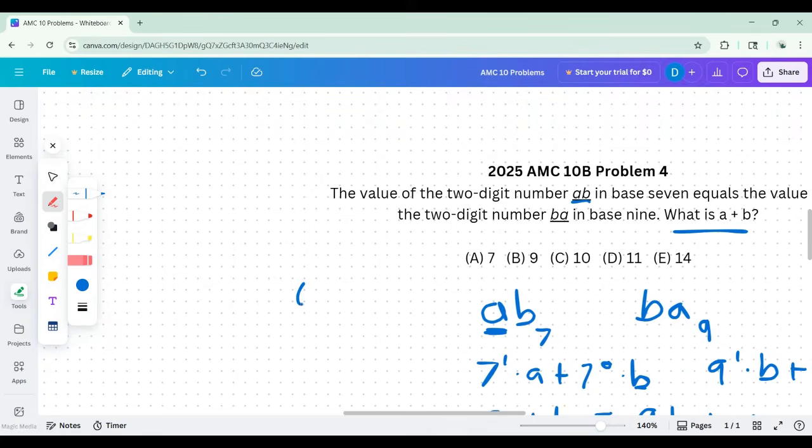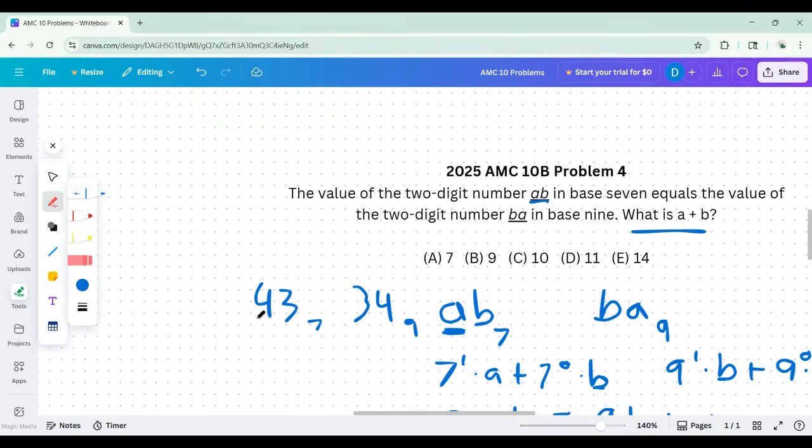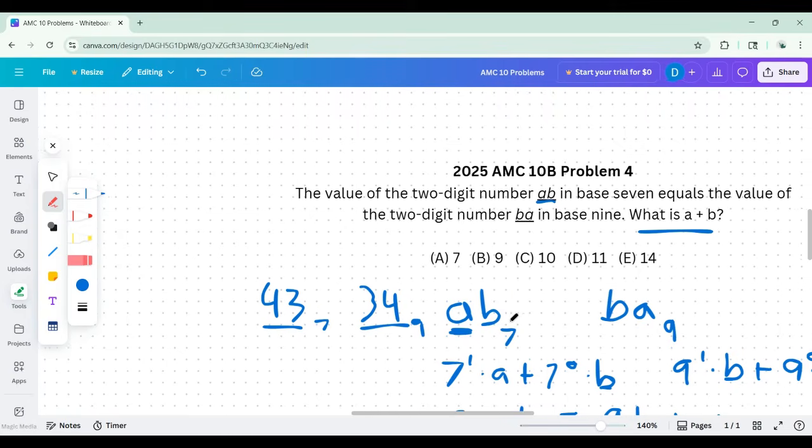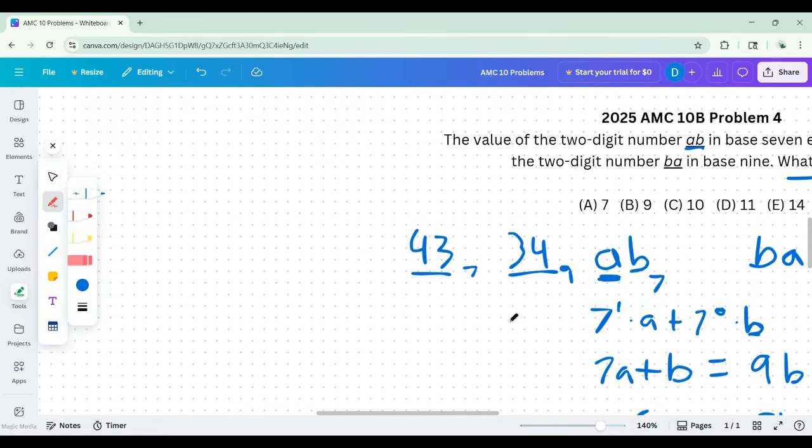So we have 43 base 7, 34 base 9. And again, it works because no digit is larger than 7, so that makes it a 2-digit number. We have 34 as well, and no digit is larger than 9 either. So we want to make sure that is true.